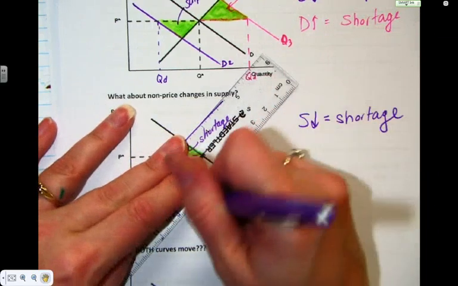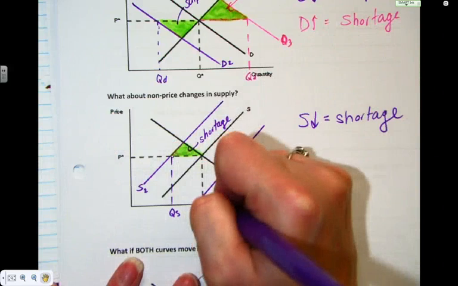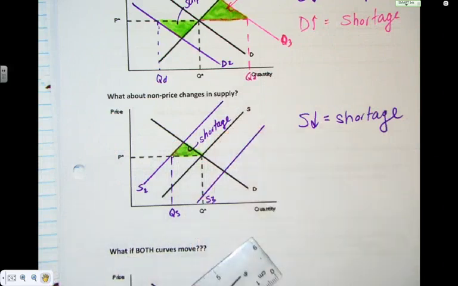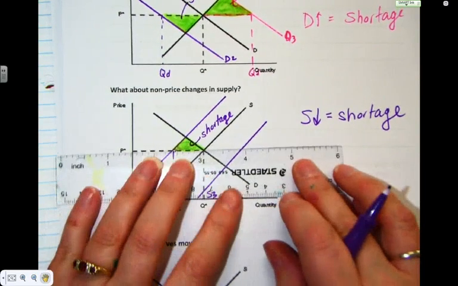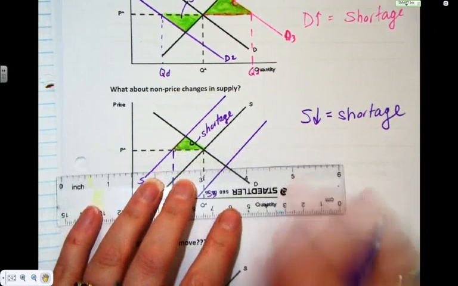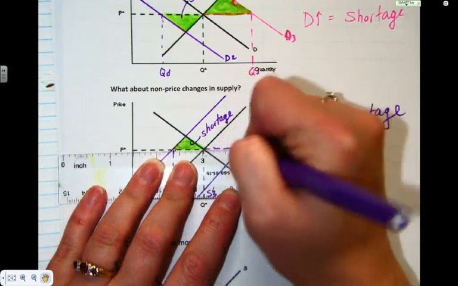Okay, well, what if supply moves outward? Maybe an increase in technology. Maybe government subsidy. Hey, there could have been a decrease in technology before. Okay, again, I'm not moving price, so I'm not coming down here where their lines intersect like before. I'm keeping the exact same price, so just extending that line.